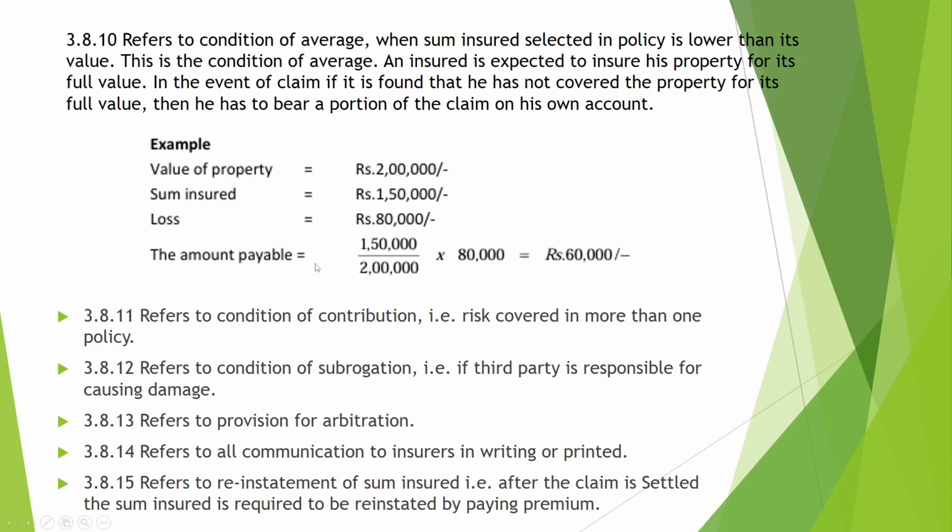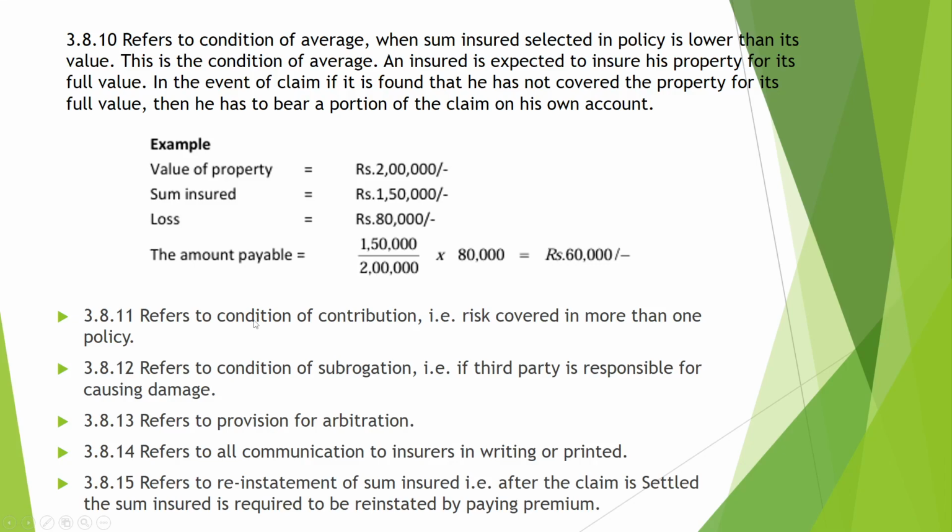The amount payable will be the sum insured 1,50,000 upon the value of the property 2 lakh, multiplied by the loss. What loss have you incurred? 80,000. So 60,000 will be the amount payable. Okay, so this is the averaging. You have underinsured the property, so you will get 60,000, not 80,000. 20,000 will not be paid to you.